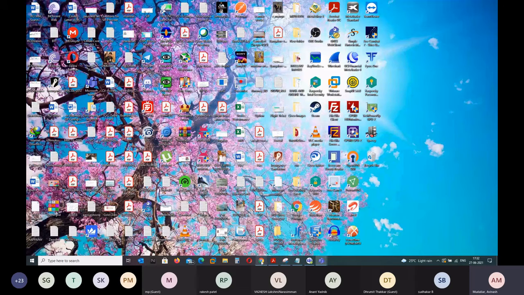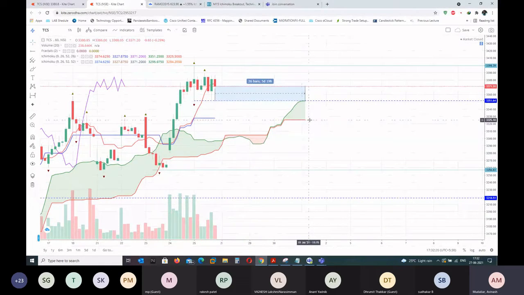That's nothing but this, span B. The two most important lines in the Ichimoku are span B and Kijun-sen. Kijun-sen, like I already said, is like a price magnet. It attracts the price towards it. And the second thing is the same, span B.